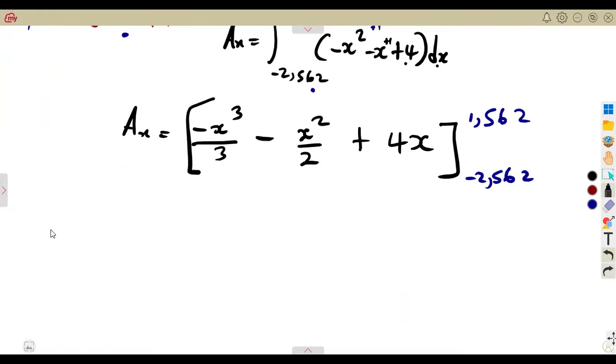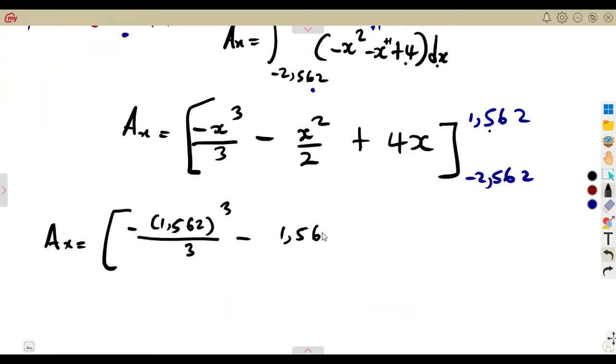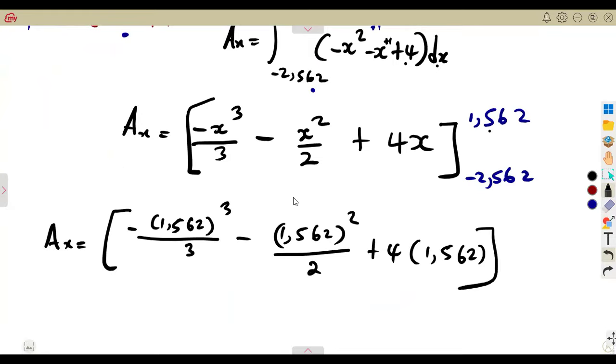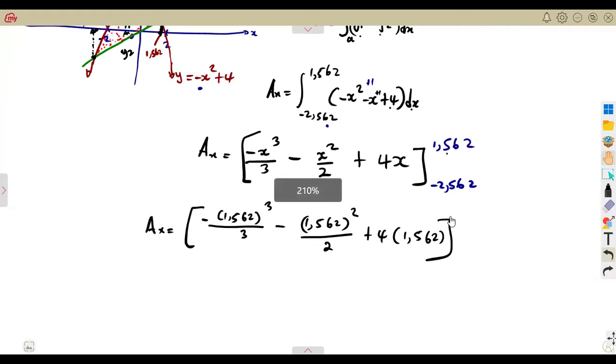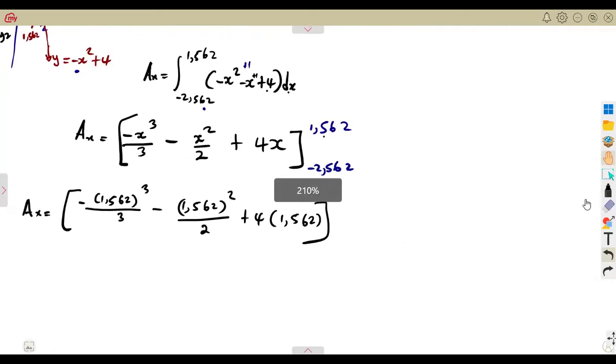So meaning to say, our area with respect to x is going to be: minus, in place of x, substitute the upper limit, 1.562 to the exponent of 3 over 3, minus, in place of x, 1.562 to the exponent of 2 over 2, plus 4 into 1.562 in place of x. So this is the upper part of our calculation.